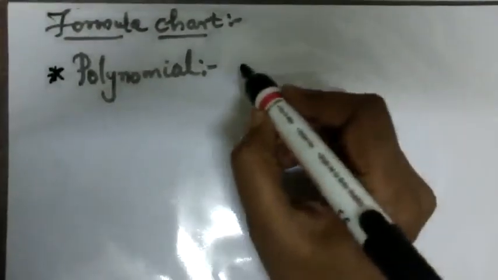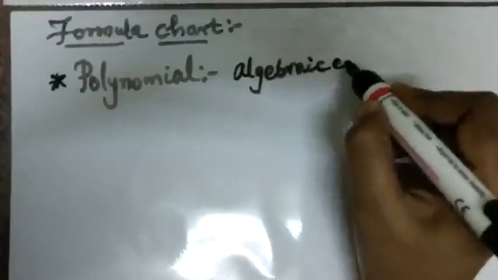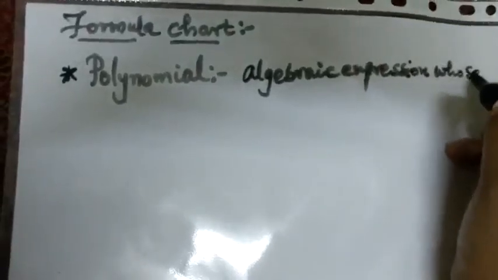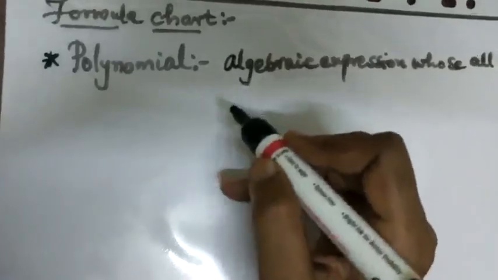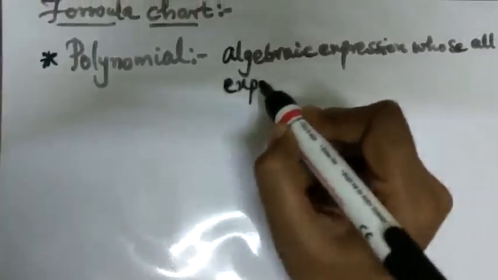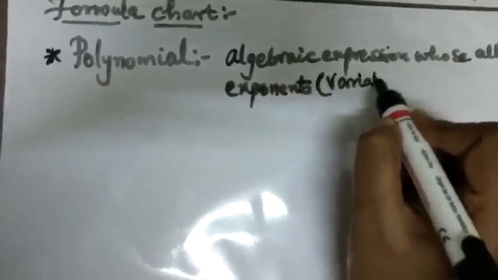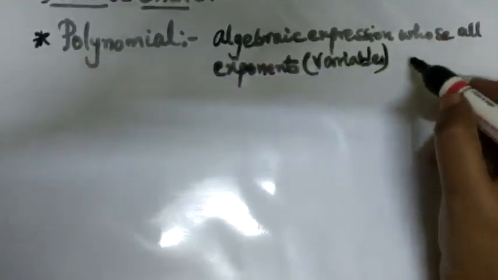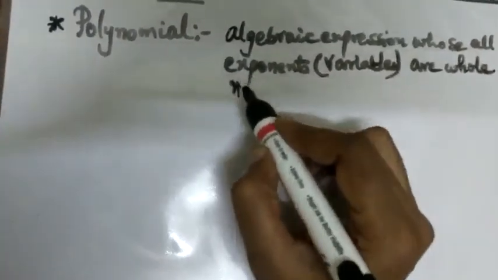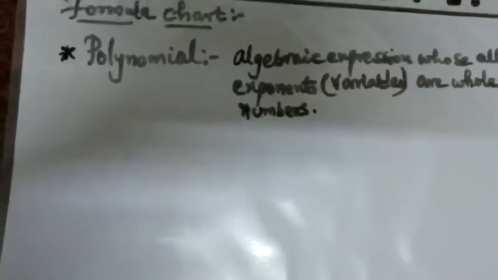Let's just write: it's an algebraic expression whose all exponents are whole numbers. And whose exponents am I talking about here? I am talking about the exponents of only variables, not constants. Whole numbers in the sense only positive numbers, no negative numbers. Okay, so we have understood what a polynomial is now.